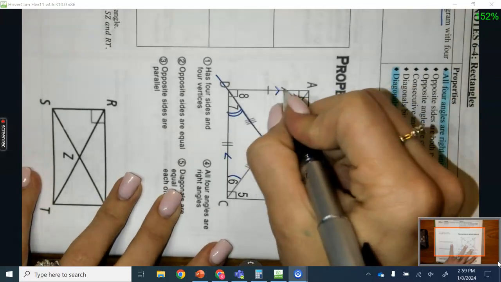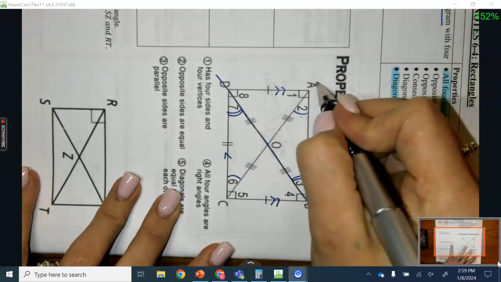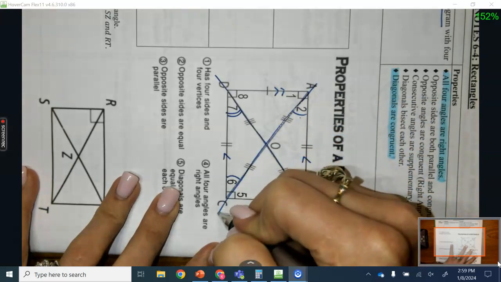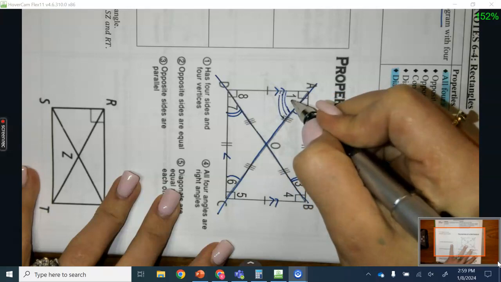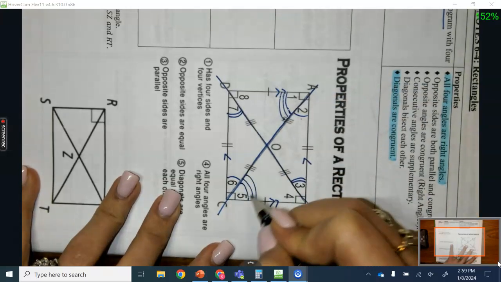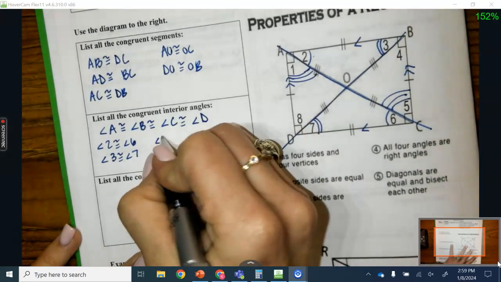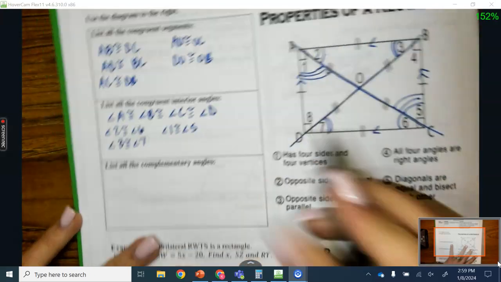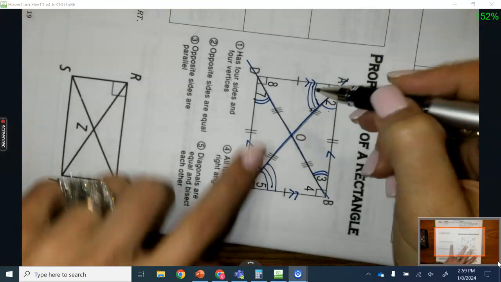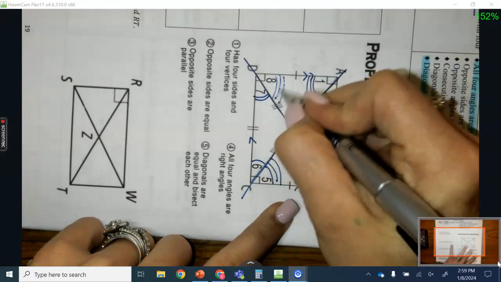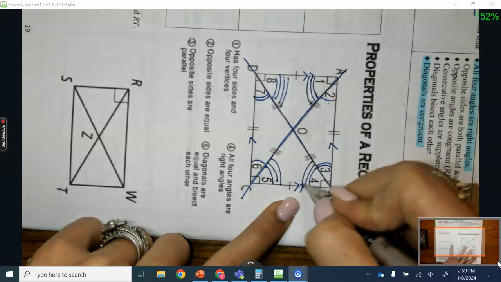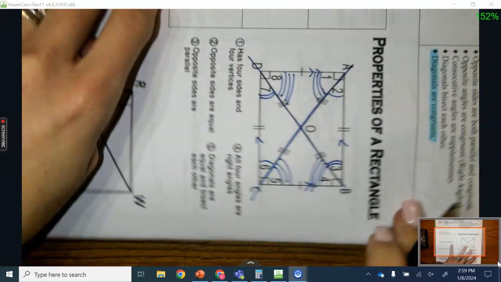Now if I rotated my paper, these 2 sides are also parallel and AC is also a transversal, making 1 alternate interior to 5. So angle 1 is congruent to angle 5. The last set from these 2 parallel lines and this transversal would be 8, which is alternate interior to angle 4.